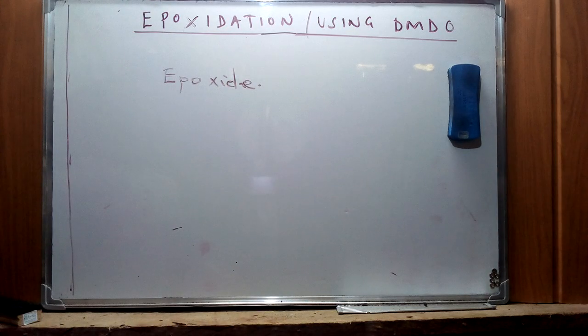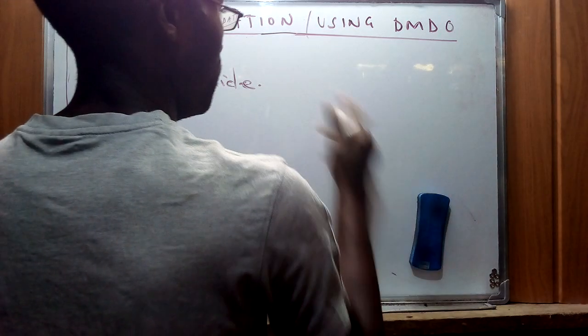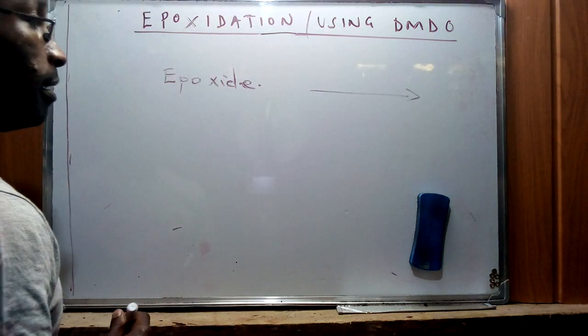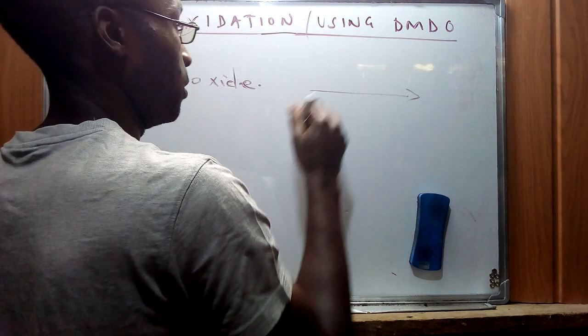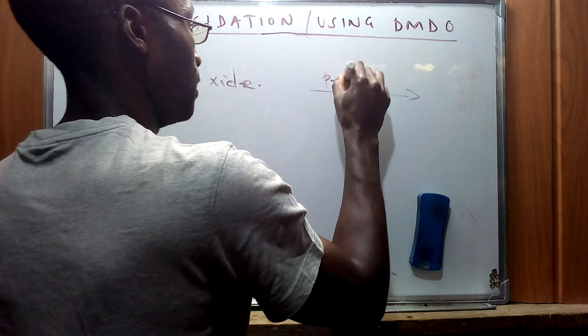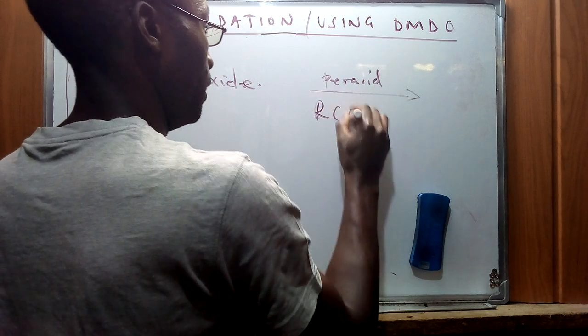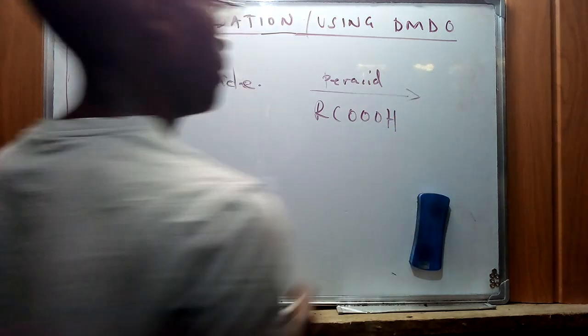So we have looked at some of the reagents that were employed for the formation of epoxides, and we said that one of the reagents being used was a peracid, which we gave a condensed formula.